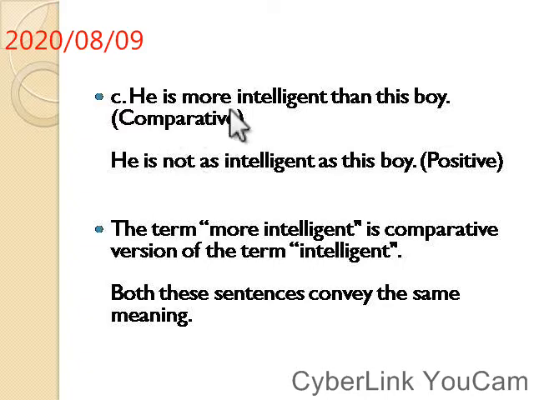It should be: the boy is not as intelligent as him. So the earlier answer is somewhat wrong. Anyway, the term more intelligent is the comparative degree version of the term intelligent. Both convey the same meaning.